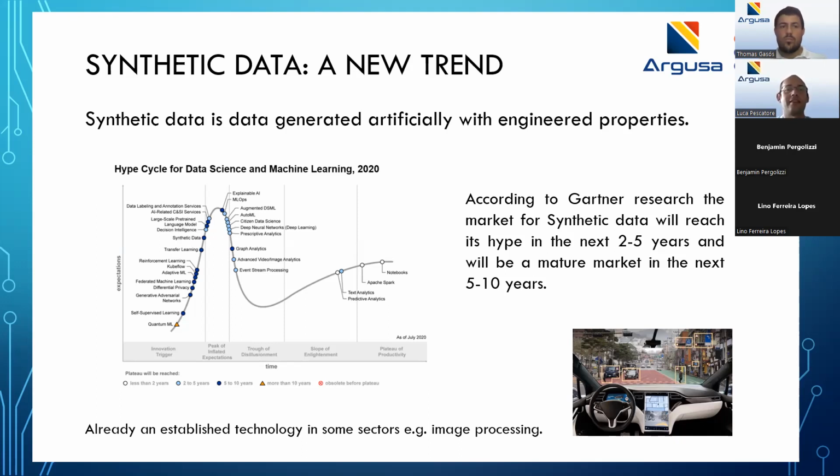So you generate fake data to train the algorithms. And Gartner predicts that synthetic data will soon reach the hype in a few years, and it will become a mature market in about 5 years.